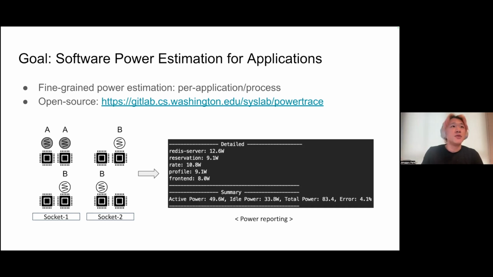For example, as shown in the figure, when we run Redis with a microservice, the tool can report the power consumption of each program individually, in addition to the entire CPU power consumption, without actually using RAPL.